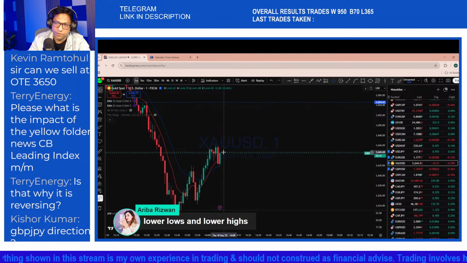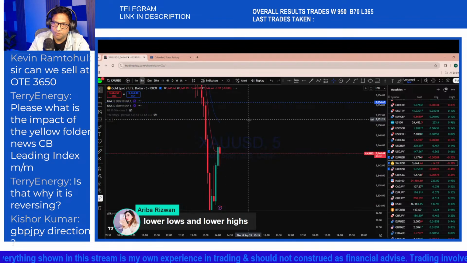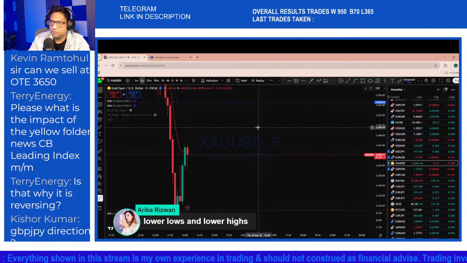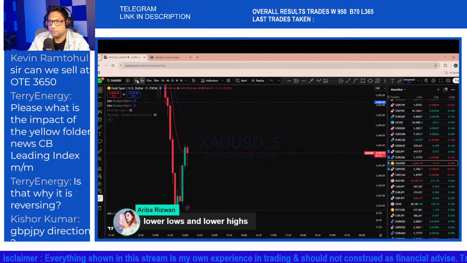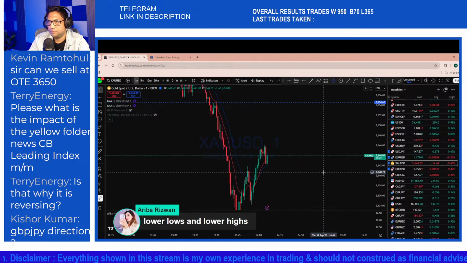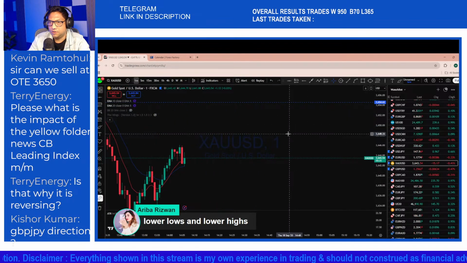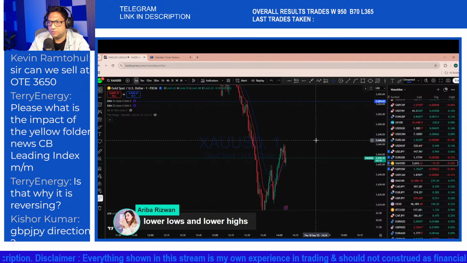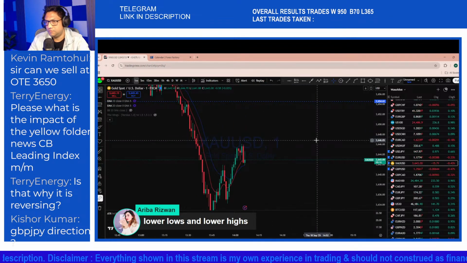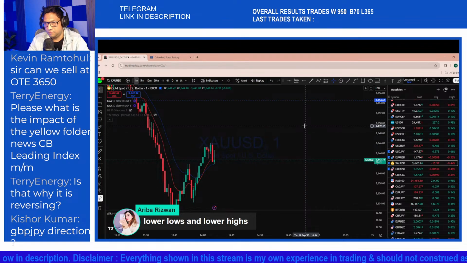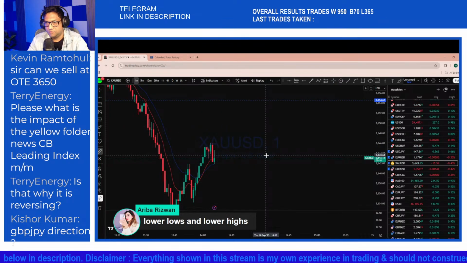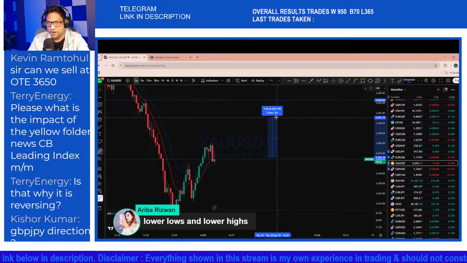You can see the price is again getting reaction back above. We might need to enter by market.